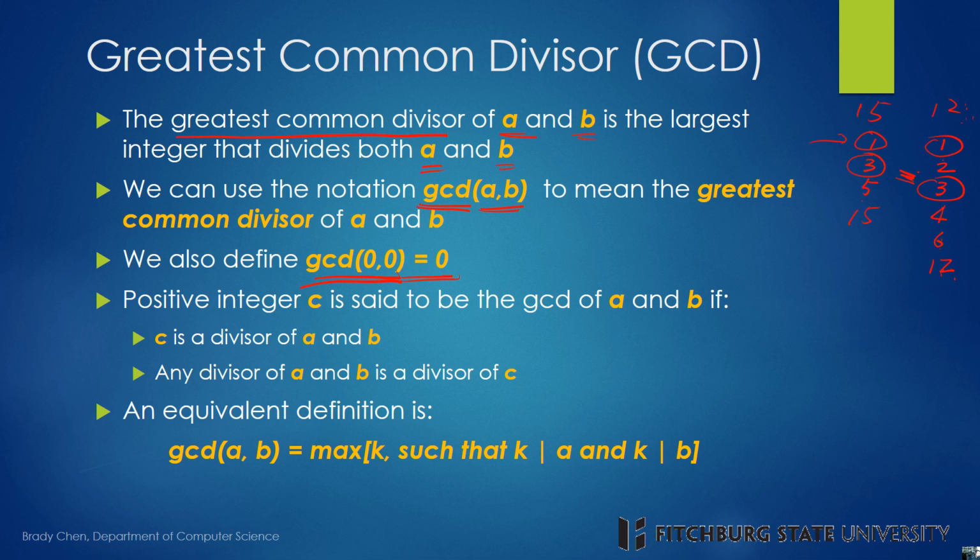So in math, to make our theory simple, we simply define the greatest common divisor of 0, 0 is 0. It's not because that's the only one, but because if we don't define this, it's not determined. Any number could be the GCD of 0, 0. So we assume that 0 is the one.